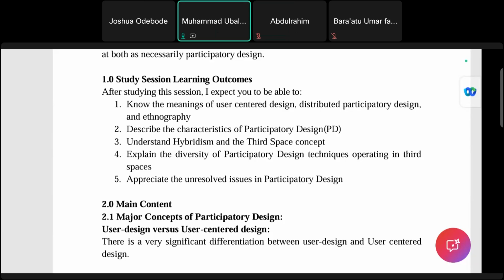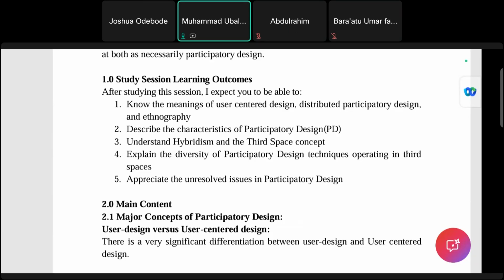And number 4, explain the diversity of participatory design techniques operating in third space. And lastly, appreciate the unresolved issues in participatory design.